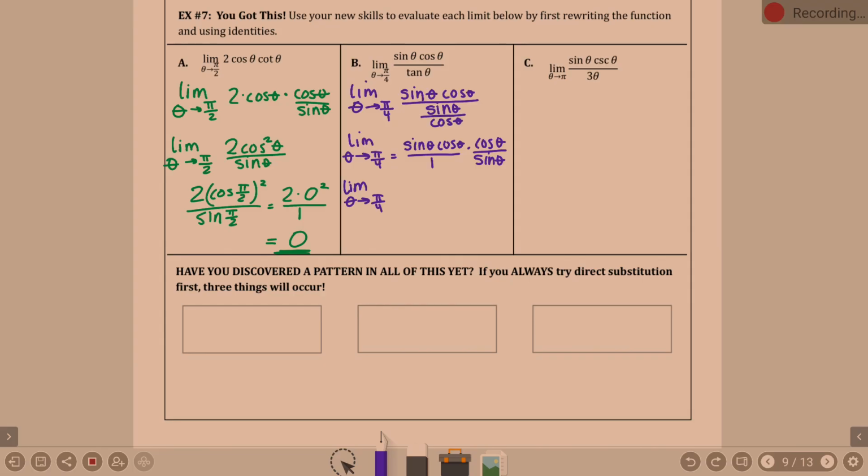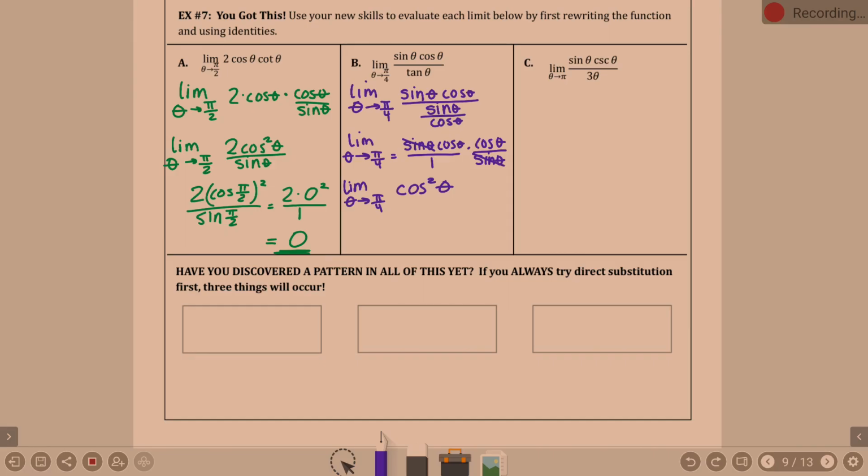And then you're just at cosine squared. Okay. So even if you could have done it on the original, I'm not going to say you couldn't have, it's just going to be easier this way.